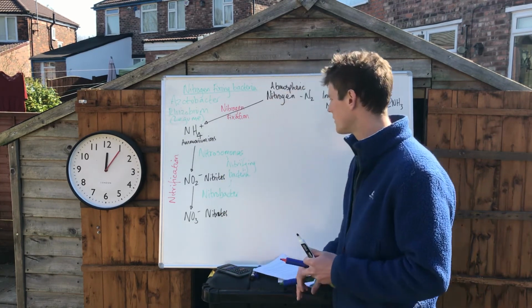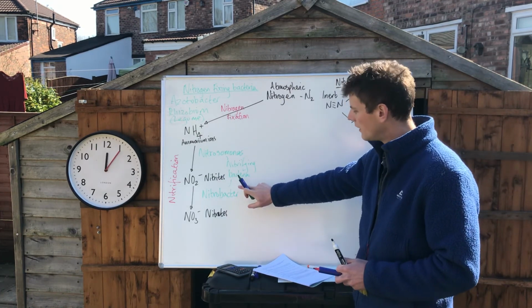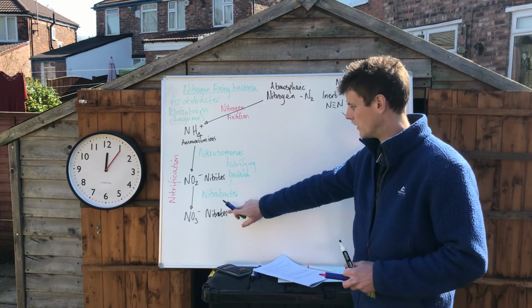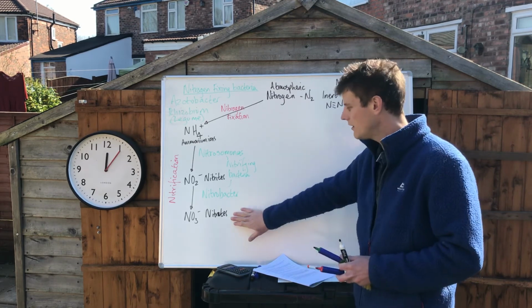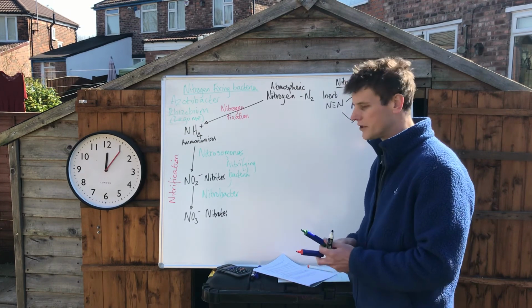Okay, so Nitrosomonas oxidises ammonium ions into nitrites, Nitrobacter oxidises nitrites into nitrates. And then those nitrates are available to plants.